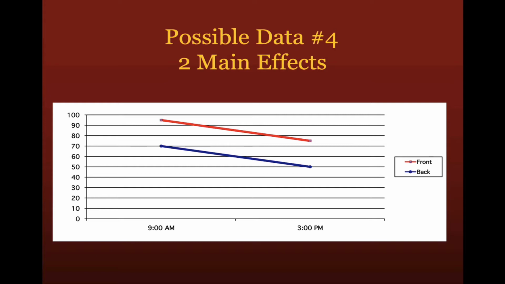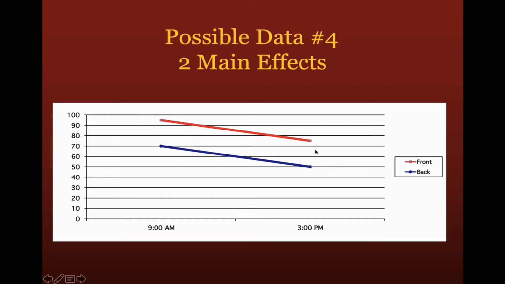Okay. Now, to represent the main effect of time of day, you take the average of your 9 o'clocks. So the 9 o'clock in the front, again, is at 95. 9 o'clock in the back is at 70. So 95 and 70 put you at like 82.5, something like that, right? So this would be the average of our 9 o'clock class.